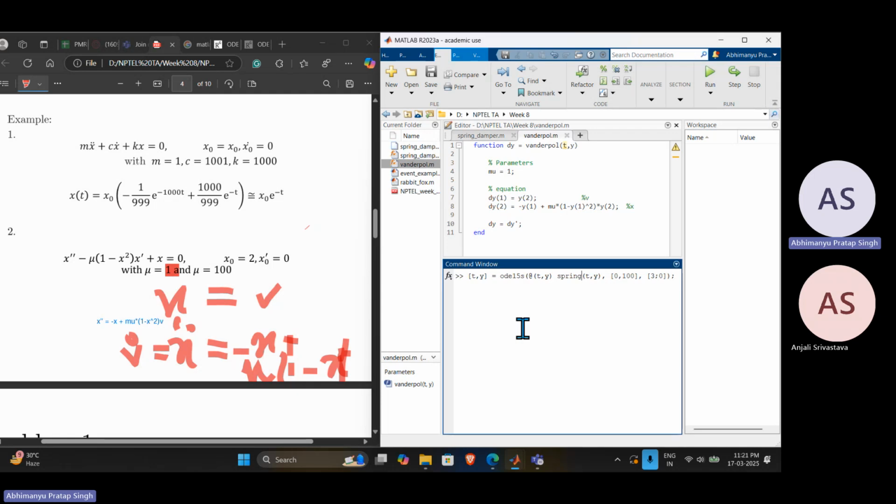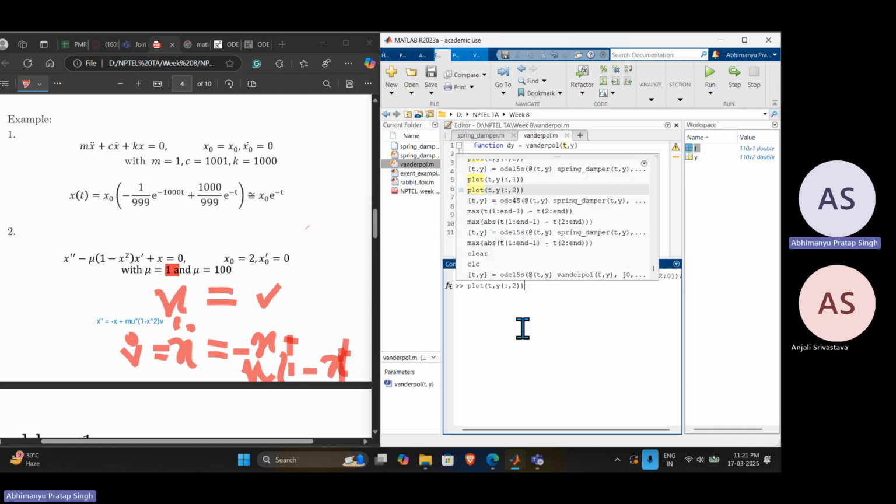Change this to ode15s. Rest of the syntax remains the same. The initial condition is 2 comma 0. I will change that, and let me just put 10 seconds. The rest of the syntax remains the same. We'll plot it.